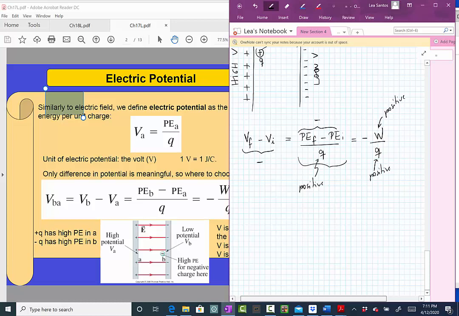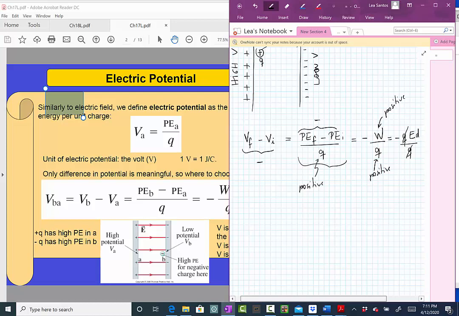Okay, what we said also is that this work for the positive charge is equal to QED divided by Q. We can cancel it, and we have then that this change in potential is equal to ED. Okay, so we got here many different relationships, which are very important.